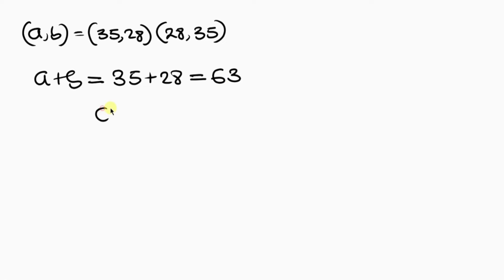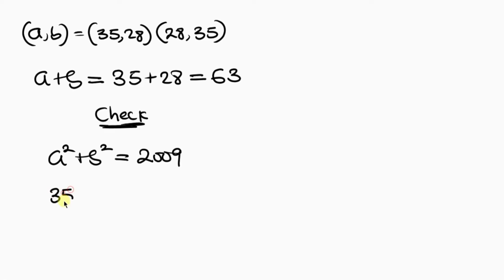But let's check if the values of our a and b are really correct. The given equation is a squared plus b squared equal to 2009. So now let's put in the values of a and b. a is 35, so this will be 35 squared, plus b is 28, so this will be 28 squared.